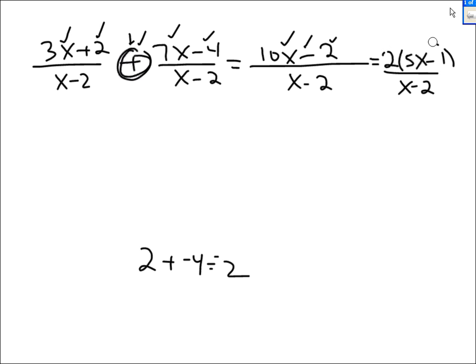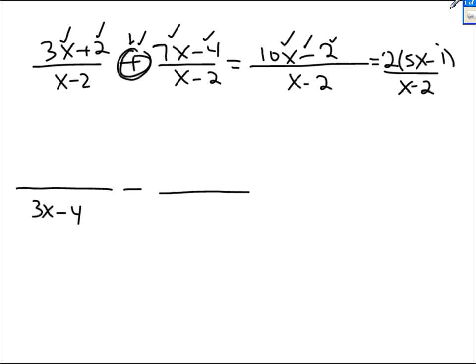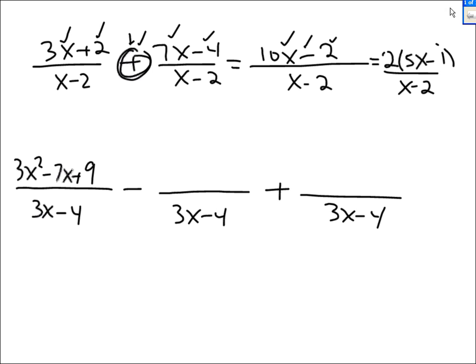The denominators are the same, add and subtract normally. You have to know how to add, and subtract. 3x squared minus 7x plus 9, minus 4x squared plus 3x minus 11, plus negative 3x squared minus 4x plus 13, all over 3x minus 4.